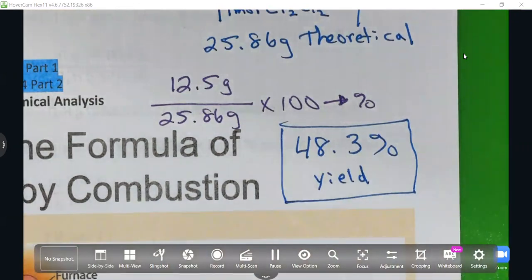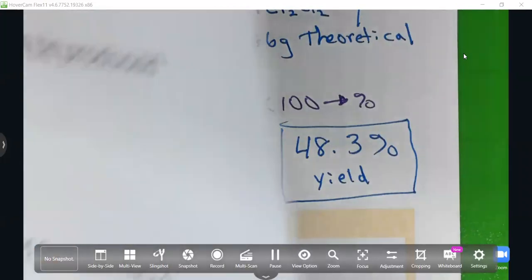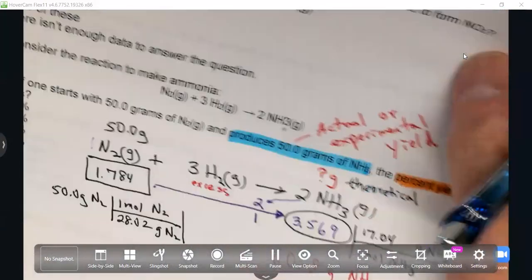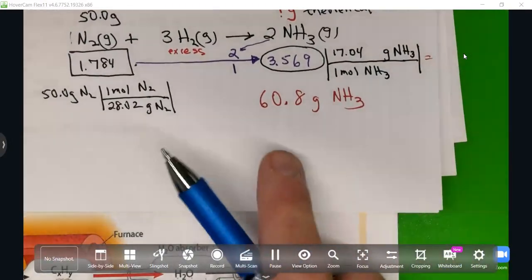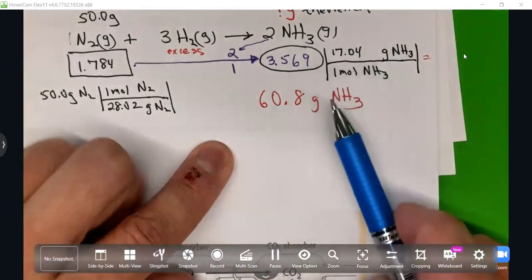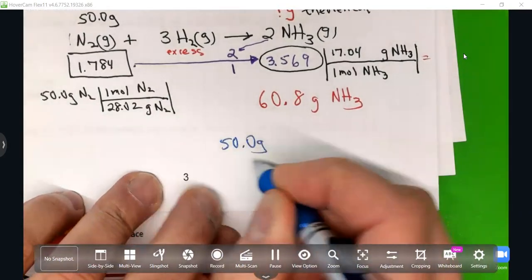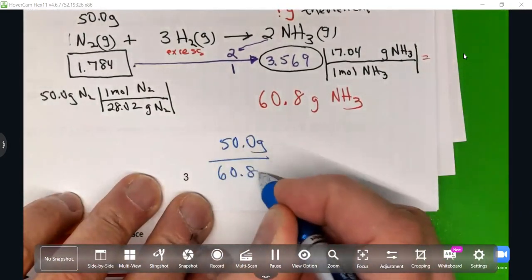So why don't we go back then and finish our quiz question that we started? For our quiz question that we started in the beginning, we do actual divided by theoretical. 50 grams divided by 60.8 grams.